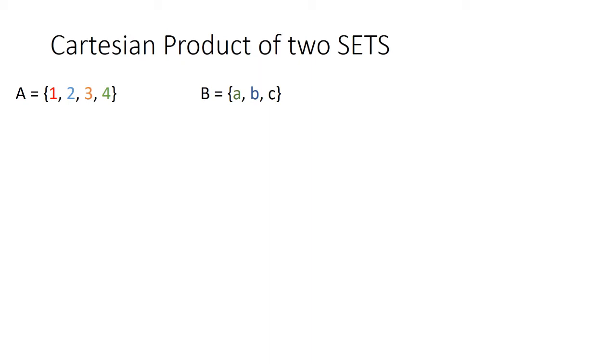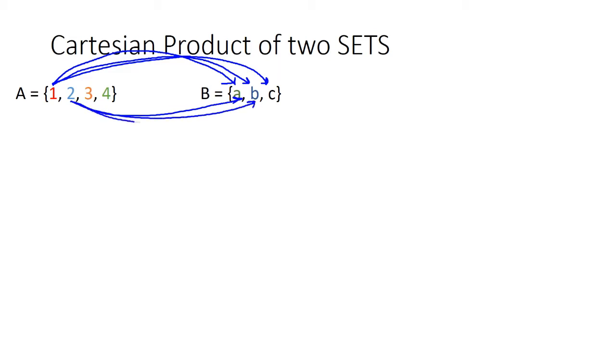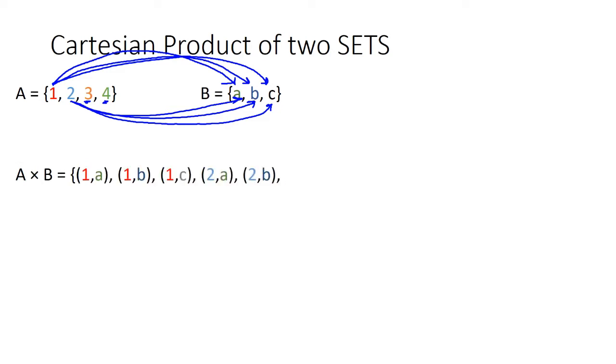The Cartesian product of A and B is defined as all the ordered pairs of elements of set A and set B: (1, a), (1, b), (1, c), and then (2, a), (2, b), and (2, c). Similarly, with 3 and 4, we'll make the ordered pairs. So the Cartesian product of A and B is given by all the ordered pairs written in curly brackets. It means A cross B is another set of all ordered pairs.